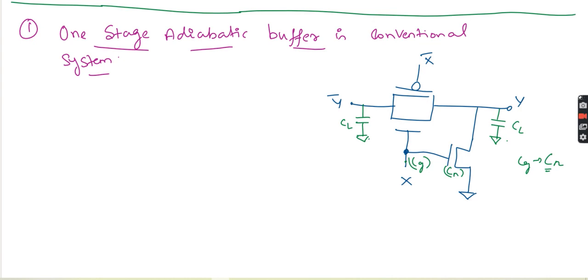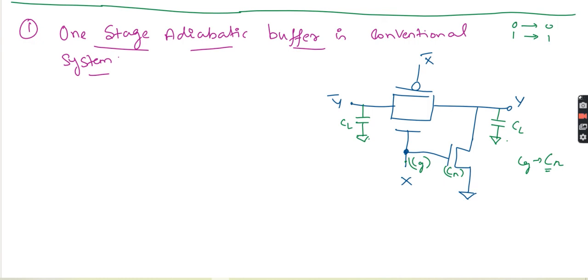You know how it is a buffer circuit. What is the meaning of buffer? When I give the input as 0, I get the output as 0. When I give the input as 1, you will get 1. Means whatever input you give, that only you will get as output. So now when I give X equal to 1, both will be on. If both are on, what will happen?